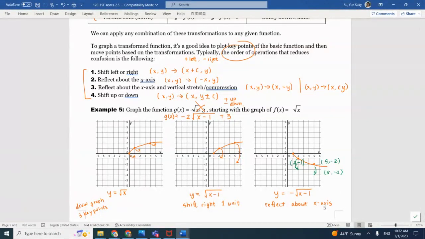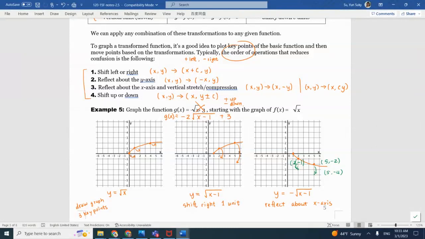Last one. Do we have shift up or down? Do you have the whole thing add or subtract a number? Yeah. So if the whole thing adds or subtracts a number, we are changing the y. So we shift up or down. If it's positive, then up.